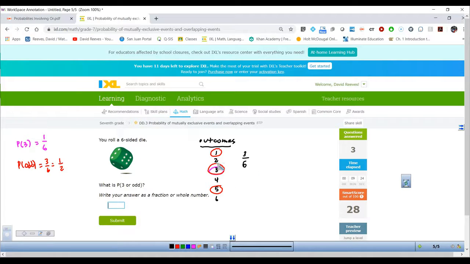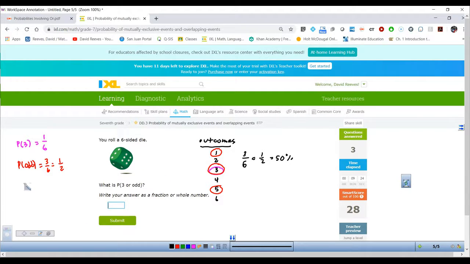Now, if you're going, well, wait, that 3 is a winner twice. Absolutely, it's a winner twice, but you can only land on it once, right? You win on this, you lose on this. You win on this, you lose on this. You win on this, you lose on that. So you have a 3 out of 6 chance, or 1/2, or 50% chance of winning if you had to get a 3 or an odd.